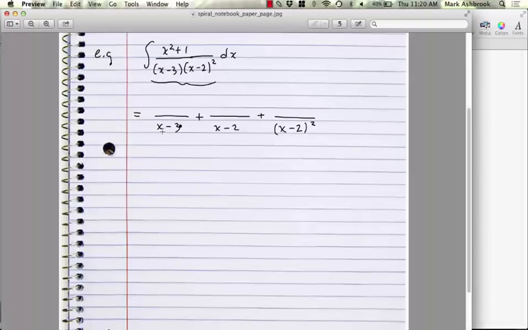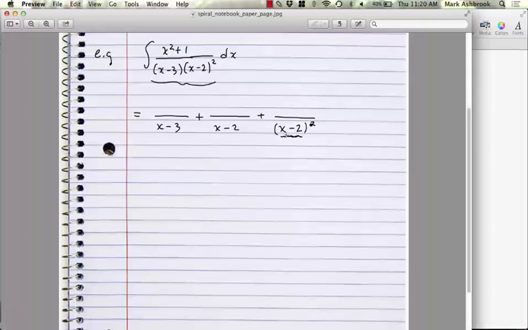So x minus 3 times x minus 2 would just be what you would get if you added these two together. Okay? So we need every power of every individual factor. If this one's squared, we need it to the first and to the second. But it's this that's the key for determining what's in the numerator, since that's still degree 1 there.